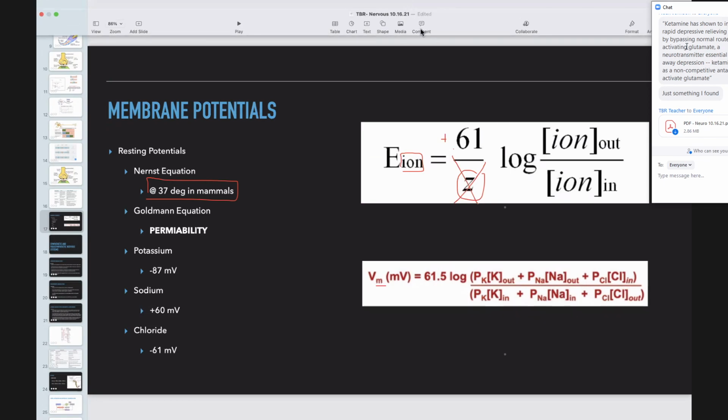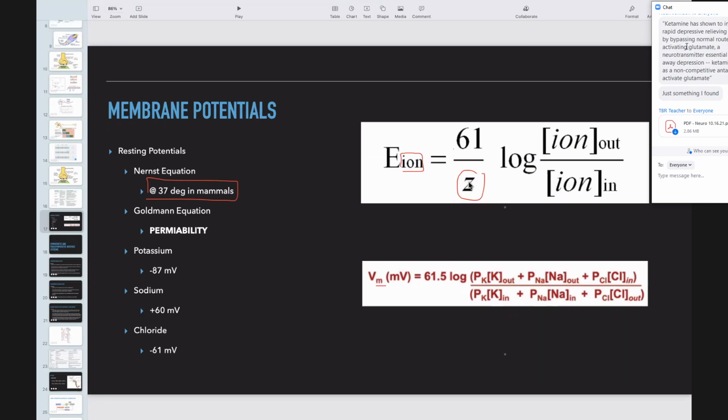When we have chloride, it's a -1, so it becomes -61 in front of this log. All the Z is doing is taking into consideration the charge of the particle. If it's a -2 ion, you'll plug in a -2 for Z. If it's a +2, like calcium, you'll plug in a +2 for Z.